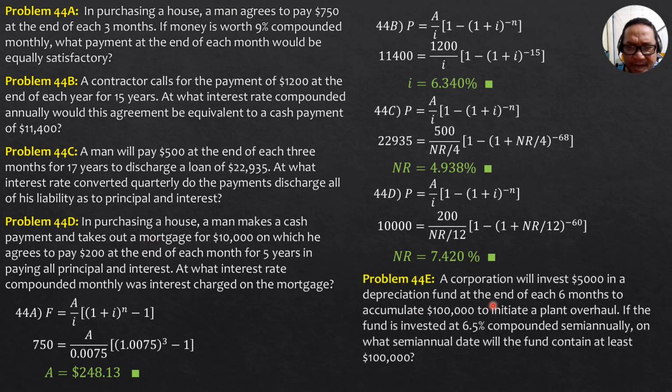Then the last problem, 44E rather, a corporation will invest $5,000 as depreciation fund at the end of every 6 months in order to accumulate $100,000 to initiate a plan for overall fund, and it is invested at 6.5% compounded semi-annually.